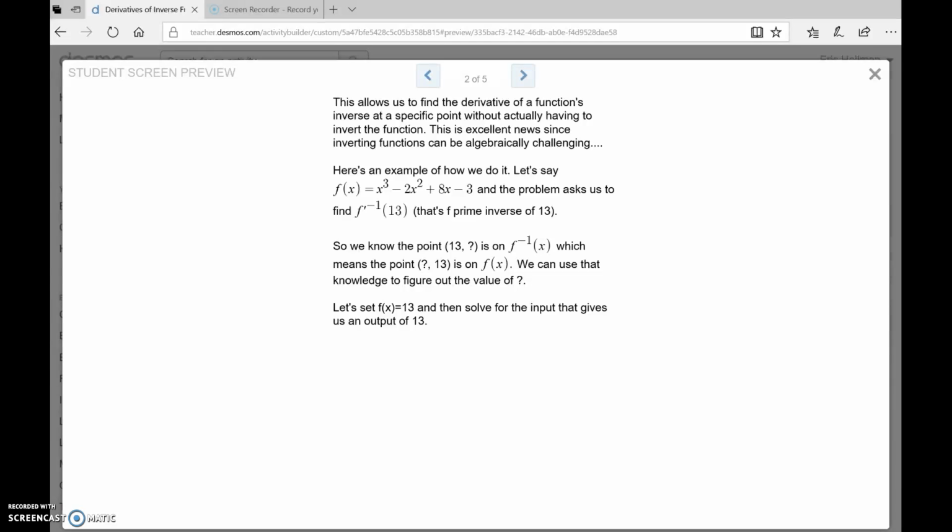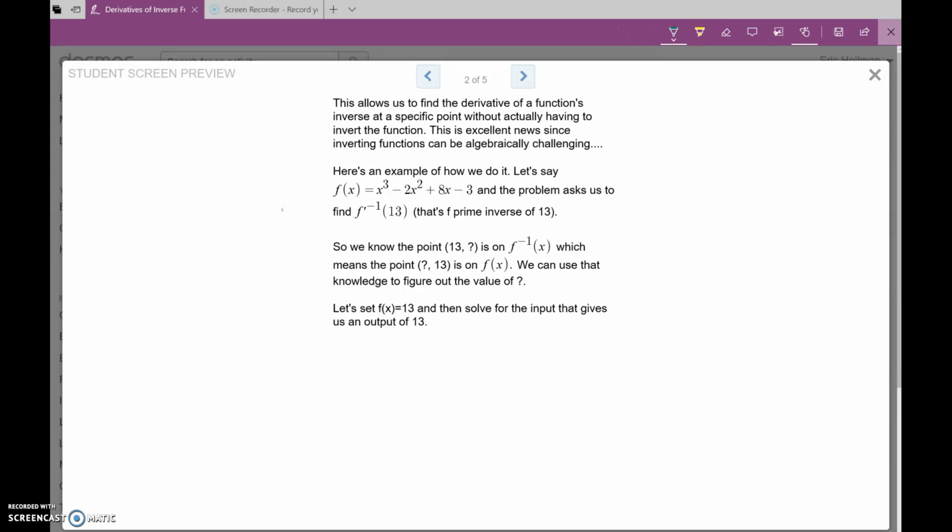And the problem is asking us to find f inverse prime of 13. So we want to find the rate of change of the inverse of f when the input value is 13. Okay, so the piece of information that we're getting in this part of the problem is that the point 13 comma question mark is on the inverse function.